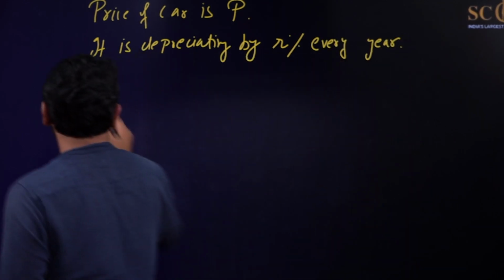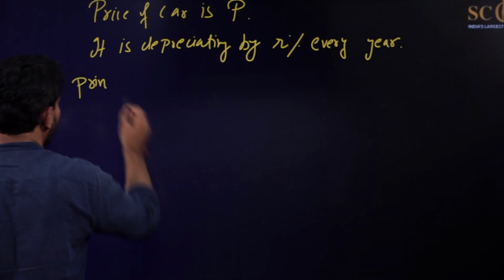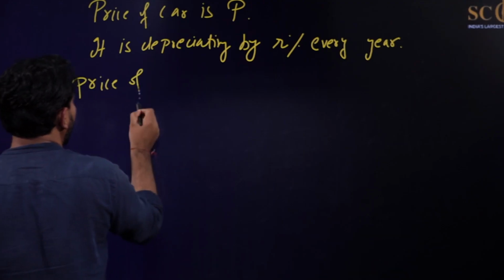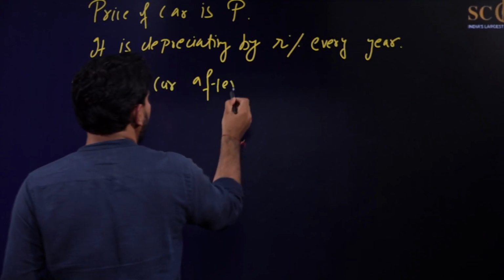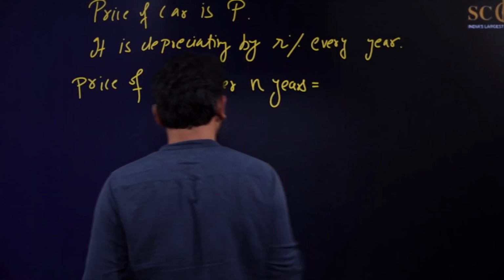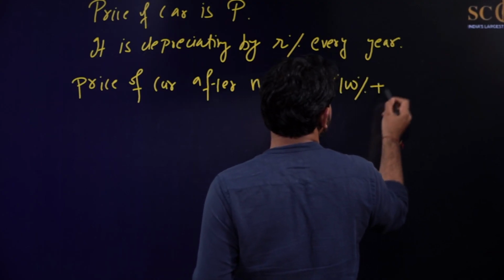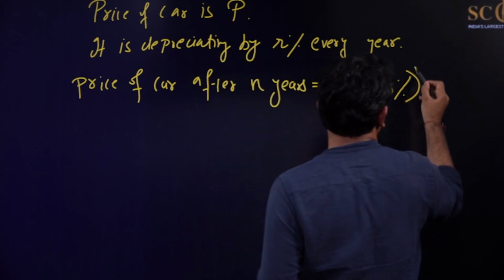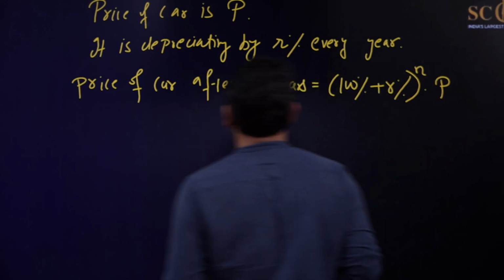So the price of the car after n years is equal to how much? It will be 100% plus R%, raised to the power n, multiplied by the old price of the car.